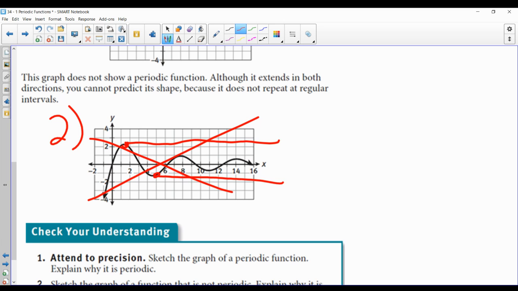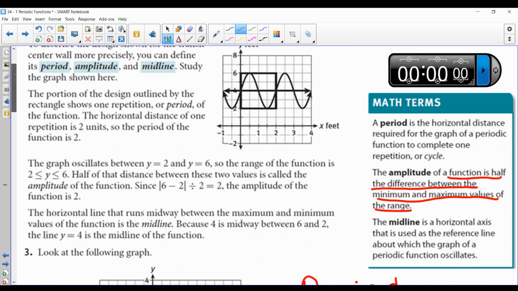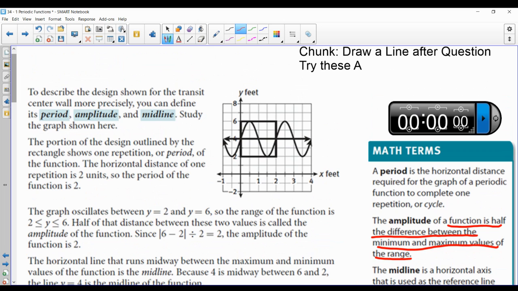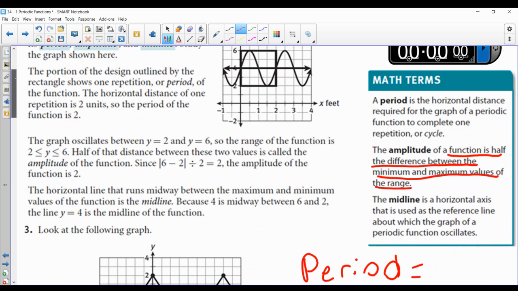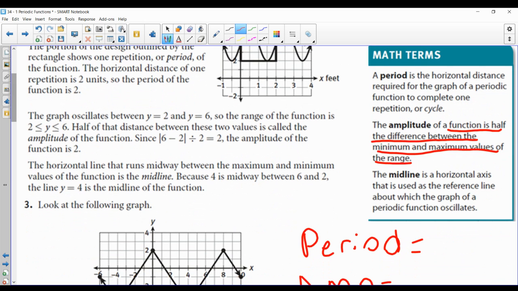But if something is periodic, we want to know a little bit more about it. There are three very specific things that we're going to try to find today. We're going to have the period, the amplitude, and the midline.